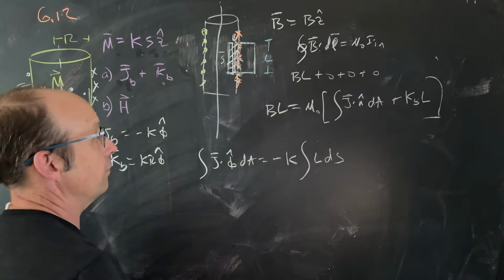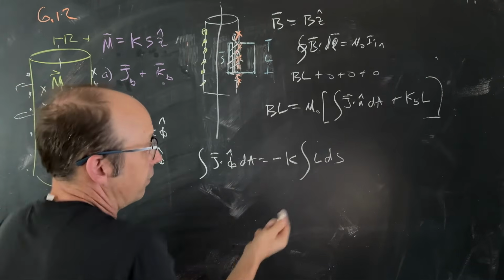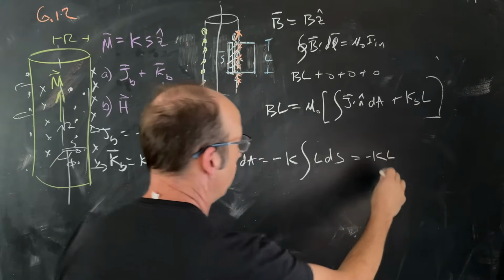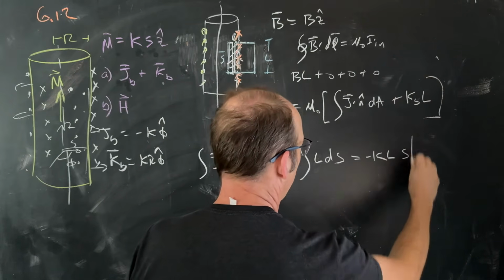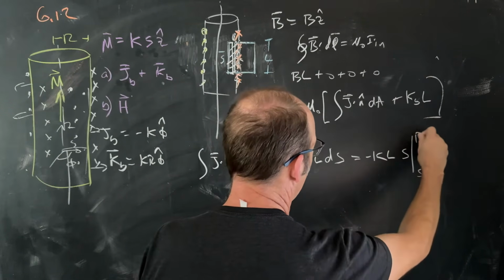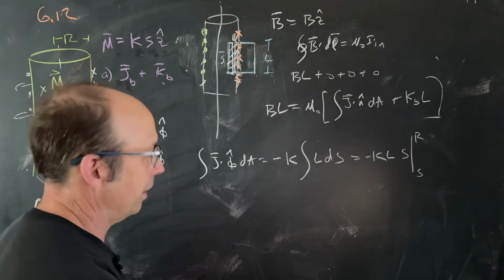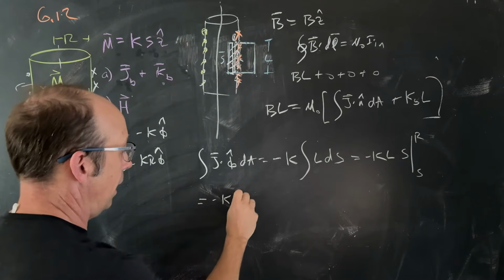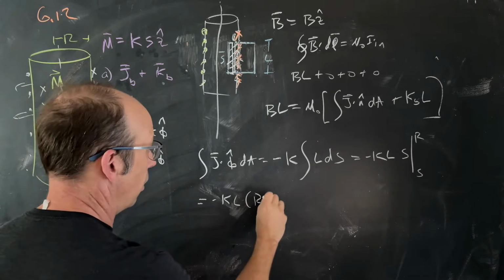Each piece has a length of ds, and then I can integrate. So that's not too difficult to do. I get negative KL times s from s to R. So if I integrate it at the limits, it's going to be negative KL (R minus s).